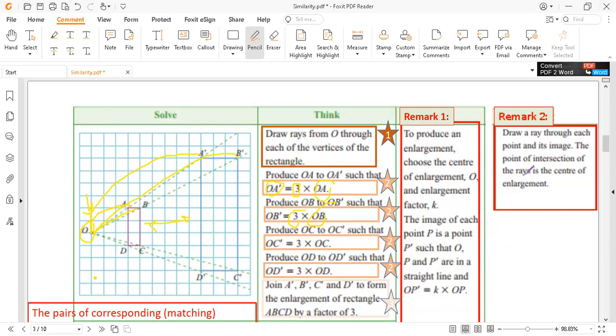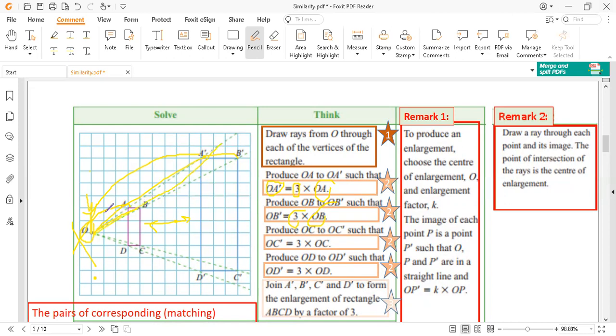Also, we may want to find the center of enlargement when we don't know it. How to find the center of enlargement? Easy, if we don't have O, we draw rays. It is sufficient to have two rays, each passing through a vertex and its image.